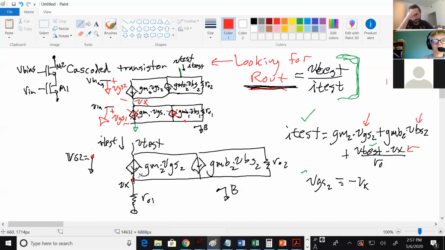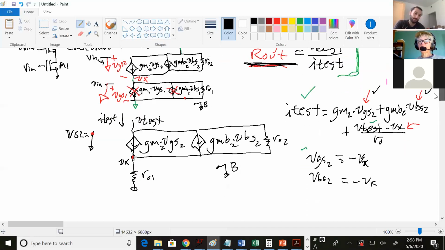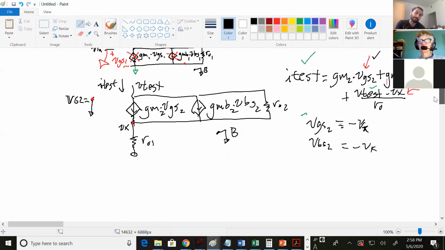VGS2 is 0. This node is Vx, so 0 minus Vx gives you negative Vx. And then you already were ahead of this, but VBS2 is also negative Vx because the body's grounded. Okay, negative Vx again. So now we've got rid of that one and that one. Now we have an equation with only Vx in it.